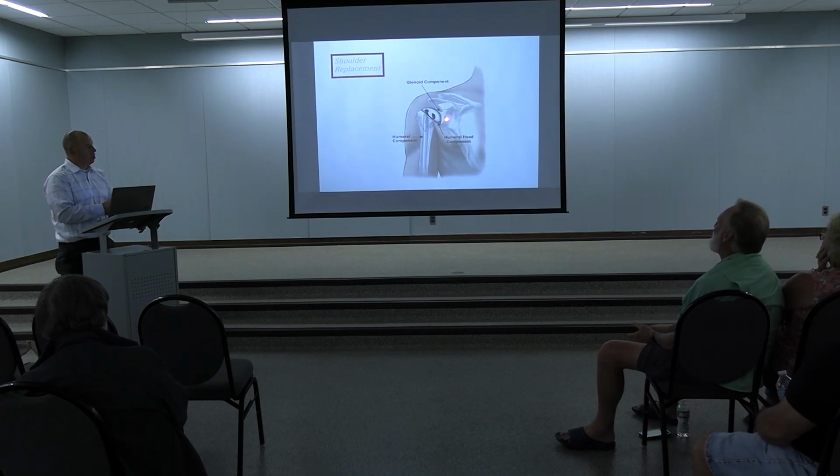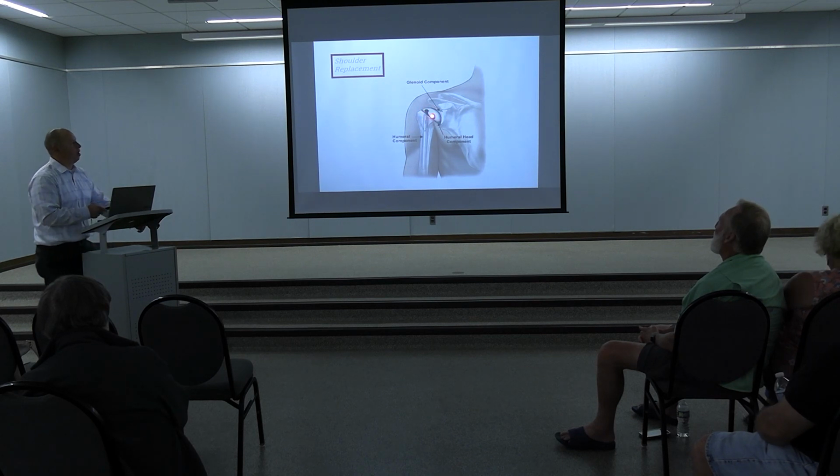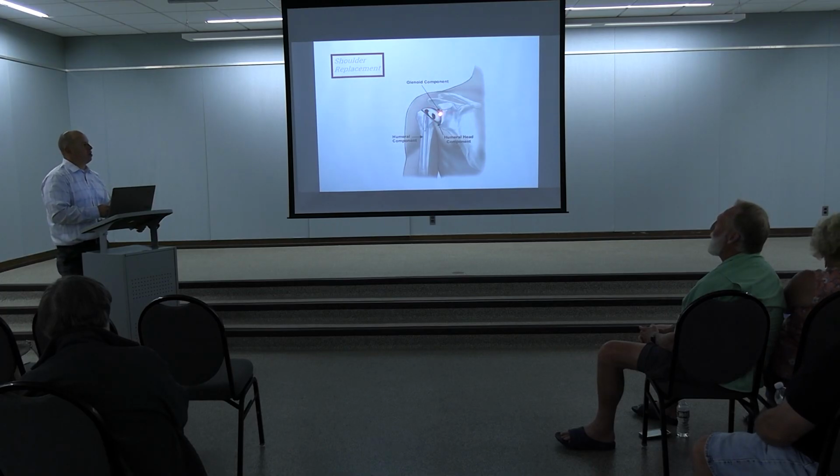And then that'll be secured on the socket side. And then we'll select, there's different sizes of the sphere for the humeral head. And then we'll size that appropriately. And then we'll reduce the shoulder, and then we'll assess the stability in there.